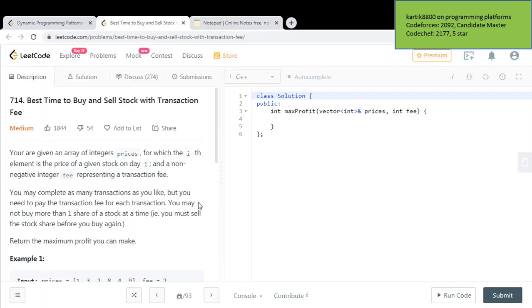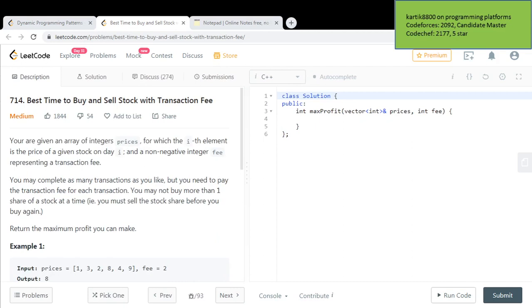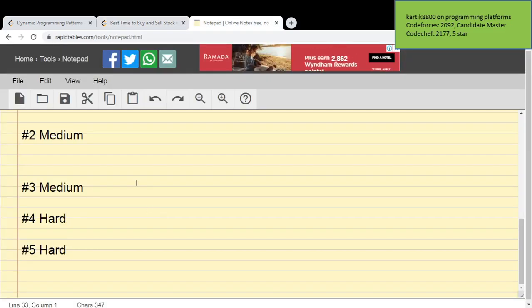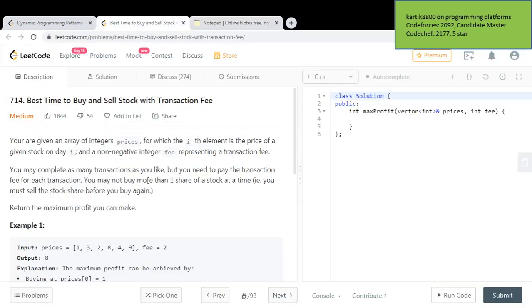Now the second problem, you can read through it once and then I'll explain. So now this particular problem says that I can make any number of transactions. That's good. The number of transactions is not limited, but whenever I make a transaction, there is a processing fee. So whenever I try to make a transaction, I'll be charged some money.